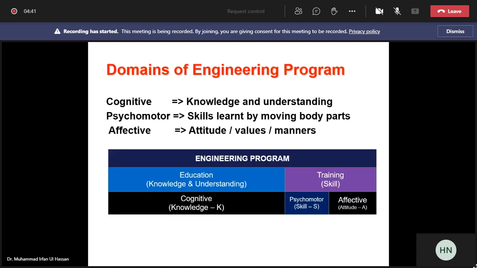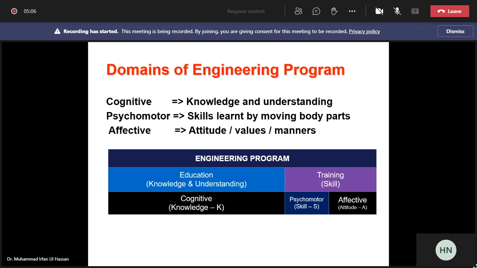There are different domains of learning. One is the cognitive domain, the psychomotor domain, and the affective domain, and knowledge and understanding. The cognitive domain is mainly the theoretical part of the subject, and psychomotor is basically the skills. Not only technological people are more related to the psychomotor, but here also in the laboratory class you learn some skills.